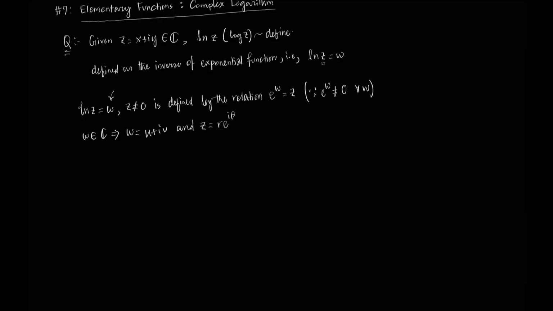Then we get e power w is e power u plus iv, and this is nothing but r e power i theta. Once we know what w is, then we know what log z is.